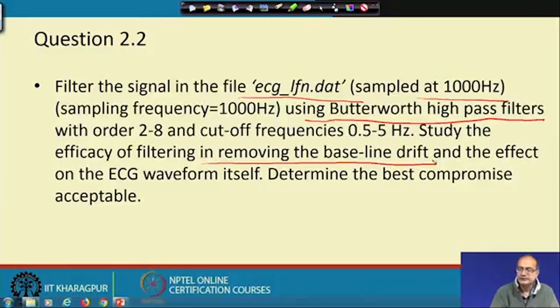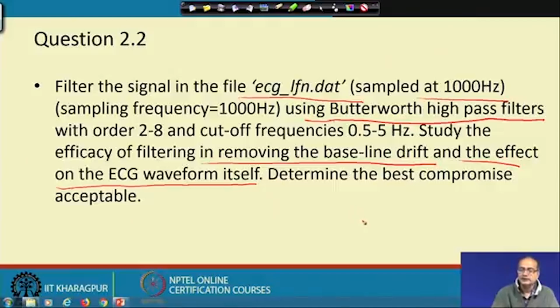Okay. So, the signal has a low frequency artifact and we need to remove it, and also study the effect of that filtering on the ECG waveform itself. That means, what is the distortion in the waveform we get along with the removal of the artifact.